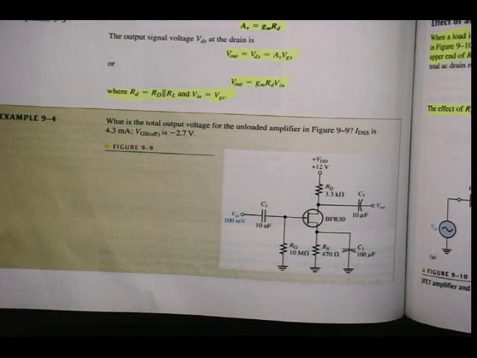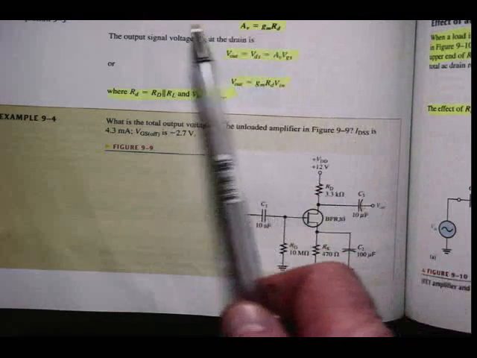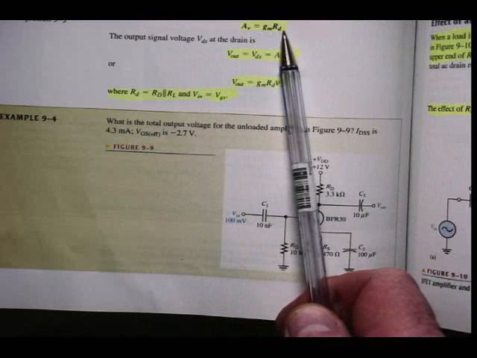Alright, now signal voltage at the gate. An AC voltage source is shown connected to the input in figure 9.8b. Since the input resistance to a FET is extremely high, practically all of the input voltage from the signal source appears at the gate with very little voltage drop across the internal source resistance. So VGS is equal to Vin. The expression for voltage gain, as we've seen, is gm RD.